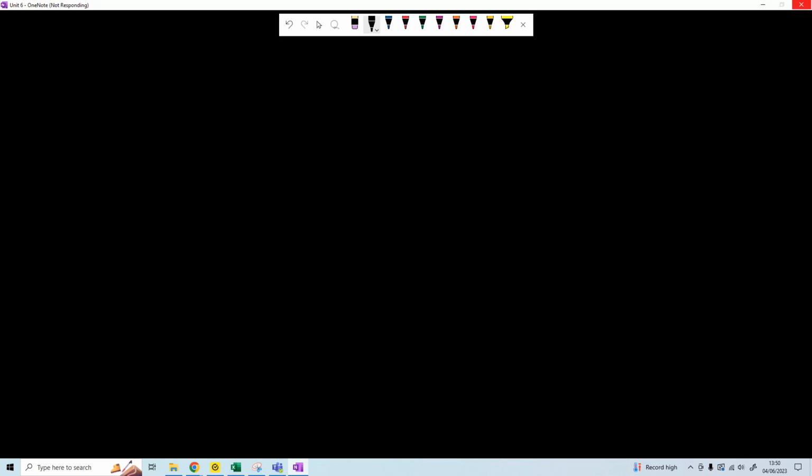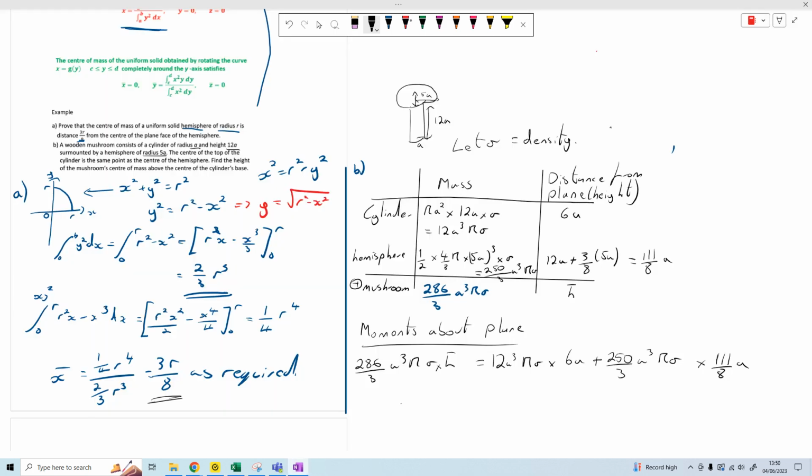Okay, so first of all, the sigmas, we know that this gets rid of them. Then they've all got an a cubed in it, but remember this left-hand side still has at least one a in it, that's fine. They all also have a pi in it, so I can get rid of the pi's. Okay, so I'm left with a lot easier of a thing for me to deal with and write down.